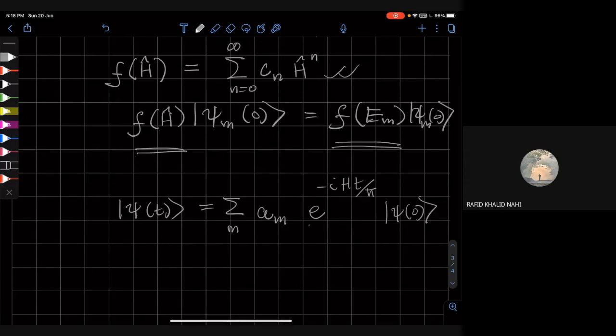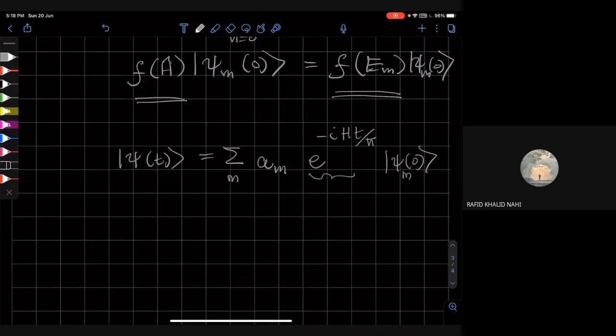So this is an operator. There should be an m here. But this operator does not depend on m, so we can take it out of the summation. Then we can write this as e to the power minus i H t.